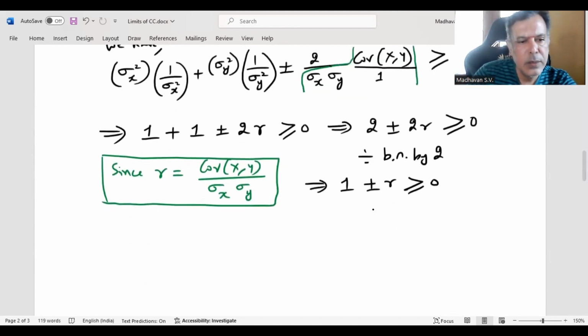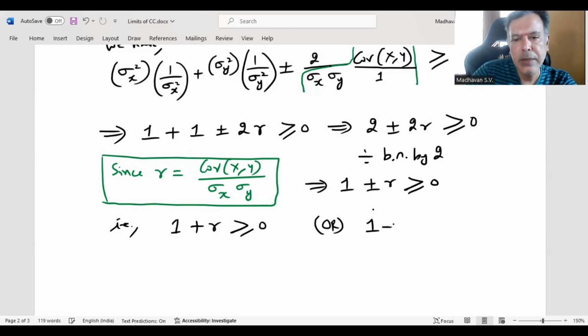So one possibility is 1 plus r greater than or equal to 0, or 1 minus r greater than or equal to 0.